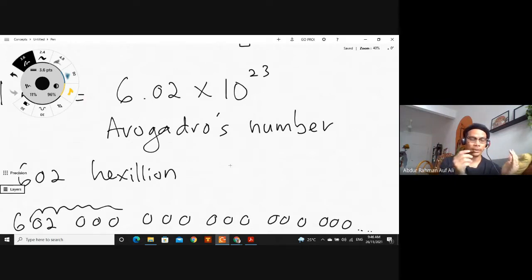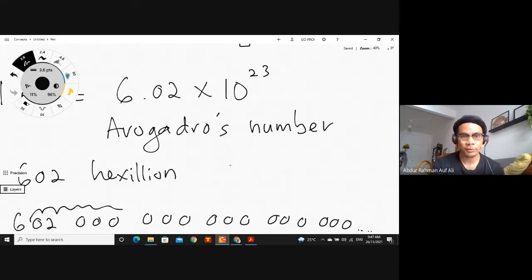So that's why kalau kita nak perform any calculations, we want to share data, we want to share information in the study of chemistry. Kalau kita nak jadi efficient, nak jadi pantas dan cekap, kita perlukan a representation, a unit yang boleh mewakili nombor yang sangat-sangat besar ini.